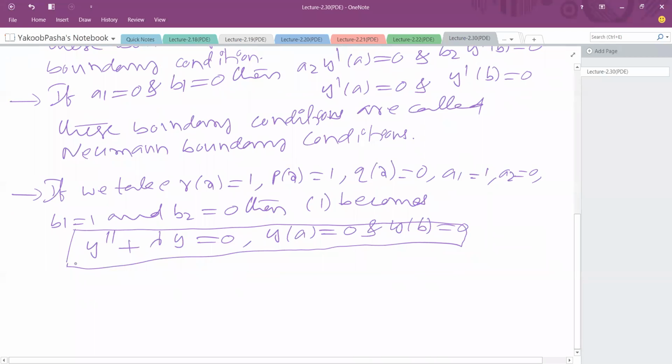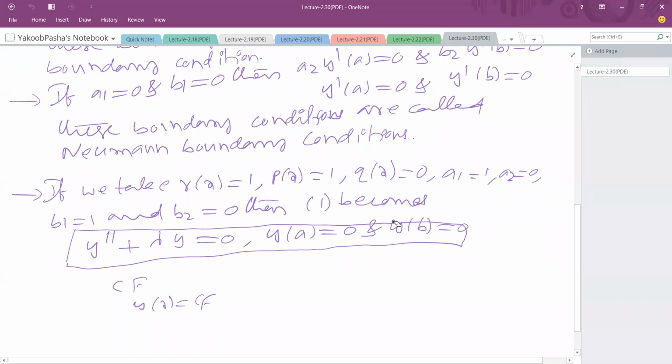We can solve this type of differential equation by finding the complementary function and particular integral. Since it is homogeneous, there is no need to find the particular integral. Just the complementary function is the general solution. Then we have to find the arbitrary constants C1 and C2.